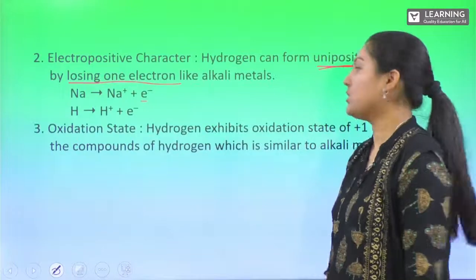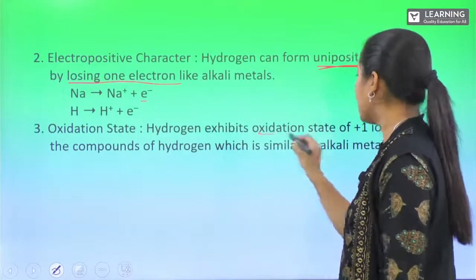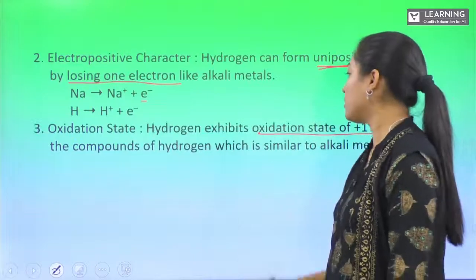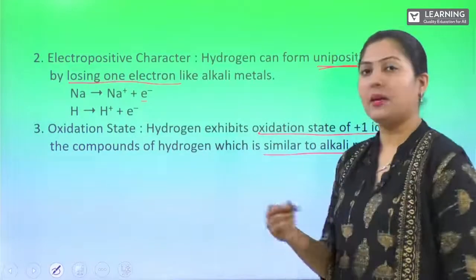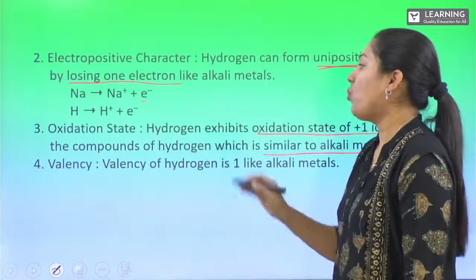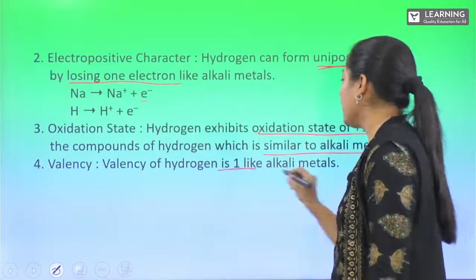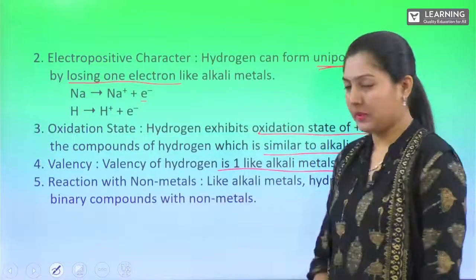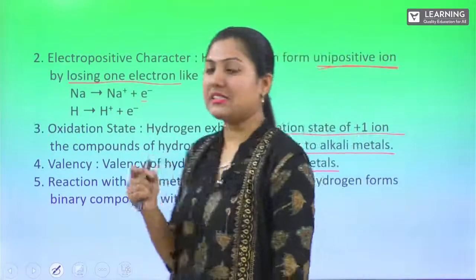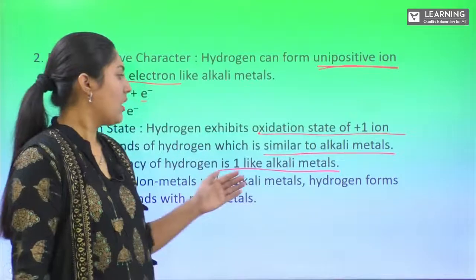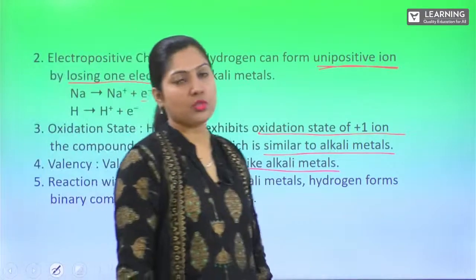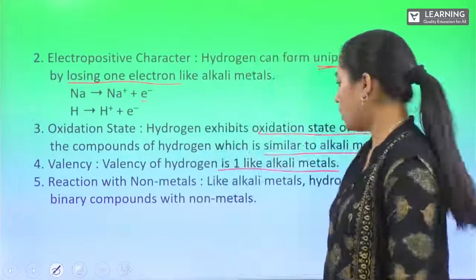Oxidation state, if you see, hydrogen exhibits oxidation state of +1 in the compounds of hydrogen, which is similar to that of alkali metals, and valency of hydrogen is 1 like alkali metals. So reaction with non-metals. How the alkali metals react with other non-metals, even hydrogen forms the binary compounds with other non-metals.